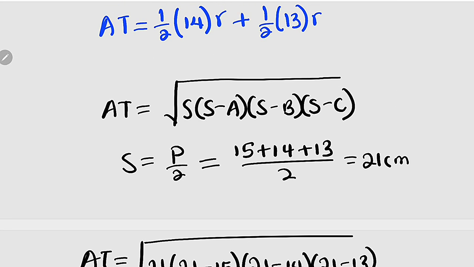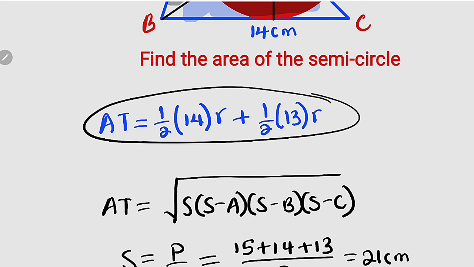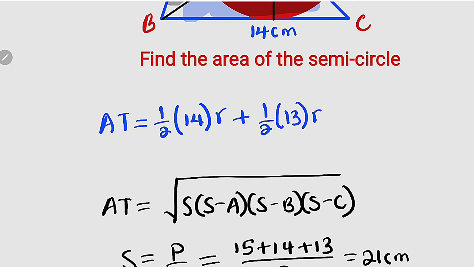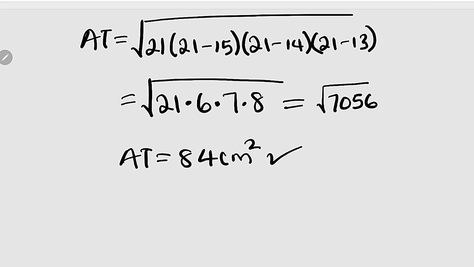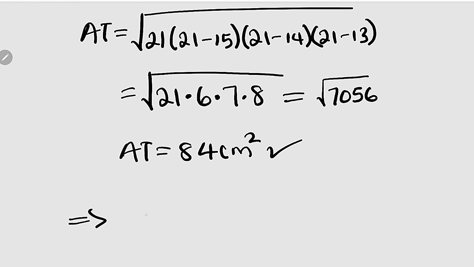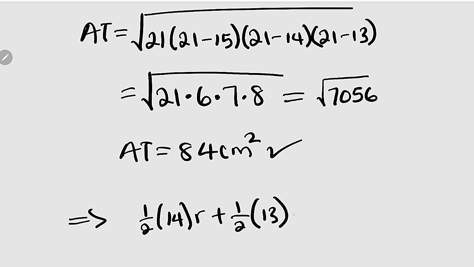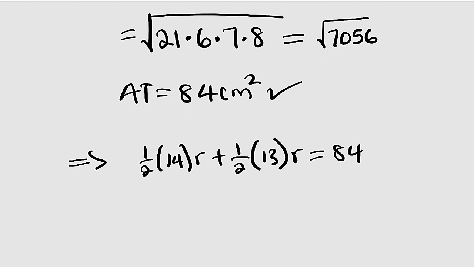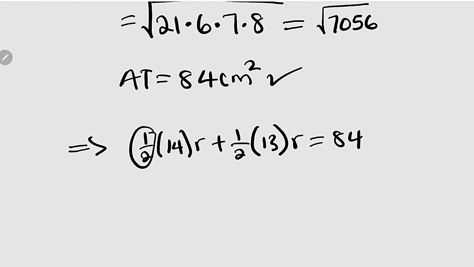But we have seen that this is also the area of that triangle, so we are going to equate them. So this implies that half the base times the height plus another half the base times the height is equal to 84, because this is an area, this is another area, they are exactly the same. Now let us multiply both sides by 2 in order to eliminate the 1 over 2.